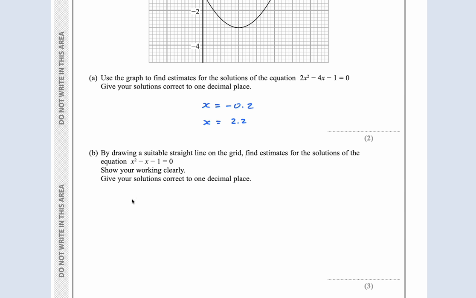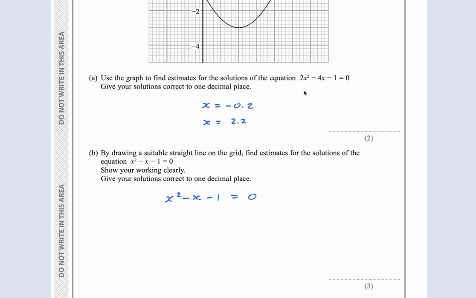Okay, now I have 2x squared minus 4x minus 1 is equal to, I want to turn this into this. Actually, sorry, what I'll do, guys, is I want to turn this x squared minus x minus 1 equals 0. This is the equation I'm trying to solve. And I'm looking at this quadratic. So I want to turn this thing into this thing.